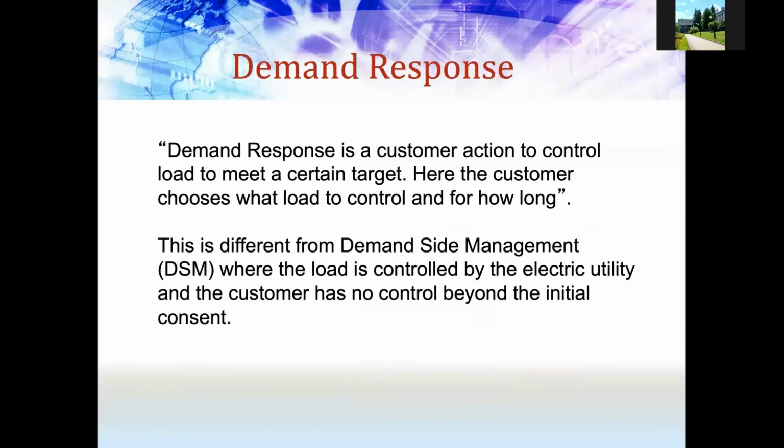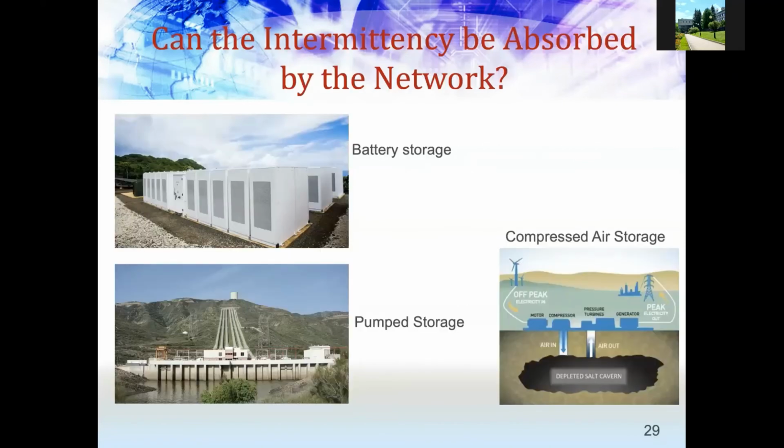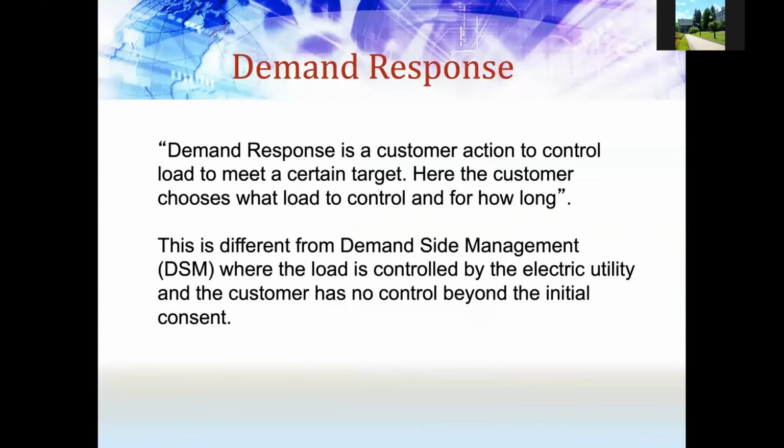That was supply; this set I call supply side solutions. This is demand side solutions. We have talked about many demand side solutions in the literature. I'm talking about only two. One is demand response, which is a customer action to control their load to meet a certain target.